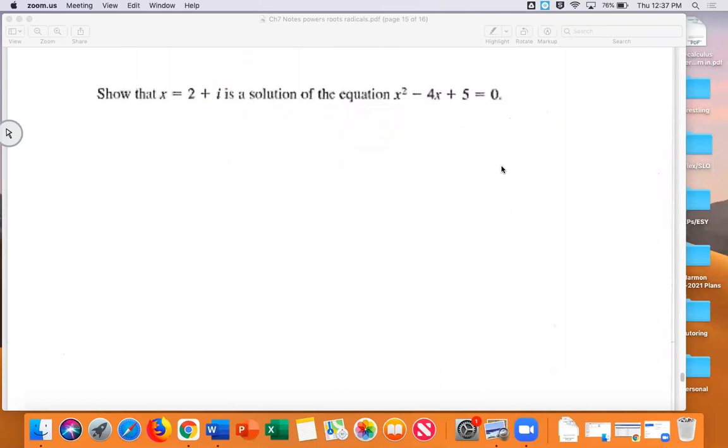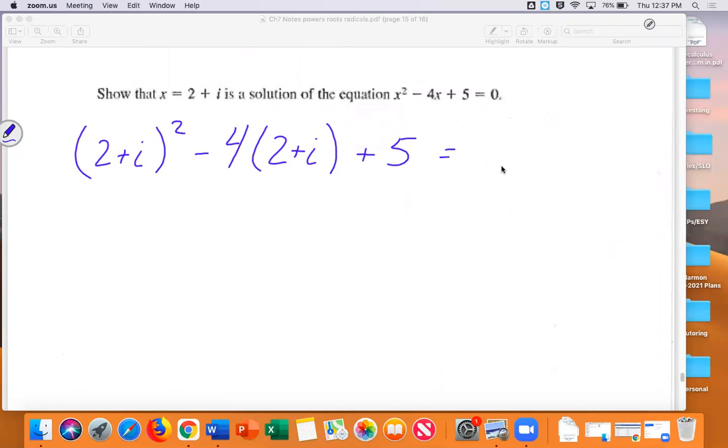One thing you could do, Leah, is you could just plug it in. So (2 plus i) squared minus 4 times (2 plus i) plus 5. And I am asking, does it equal 0?